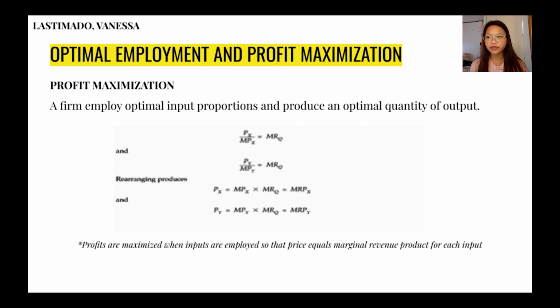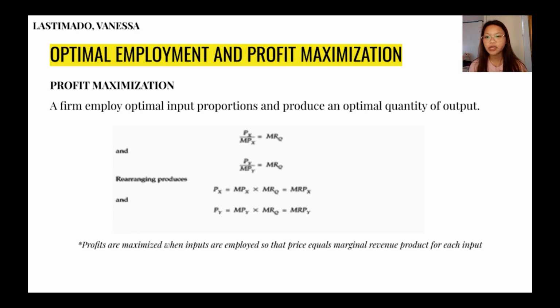Additionally, profit maximization dictates that the firm employ all inputs up to the point where MC sub Q equals MR sub Q. Also, profit maximization requires for each and every input that P sub x over MP sub x equals MR sub Q, and P sub y over MP sub y equals MR sub Q.